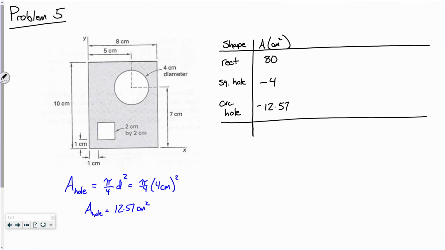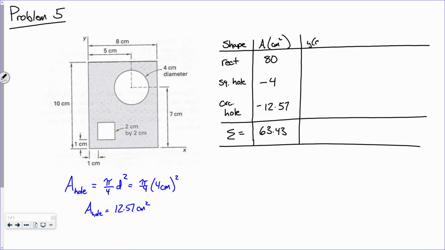Now, here's what I'm going to do. I'm going to put a set of data down below, and I'm going to put the sum. So I want to sum up what's going on here. What's the sum of everything in that column? There we go. Sound good? Now what we're going to do are y distances.